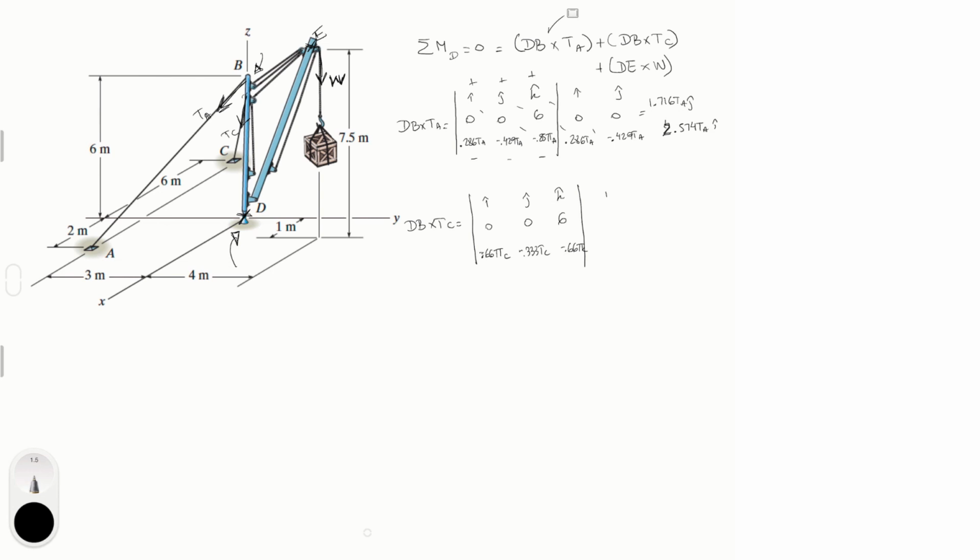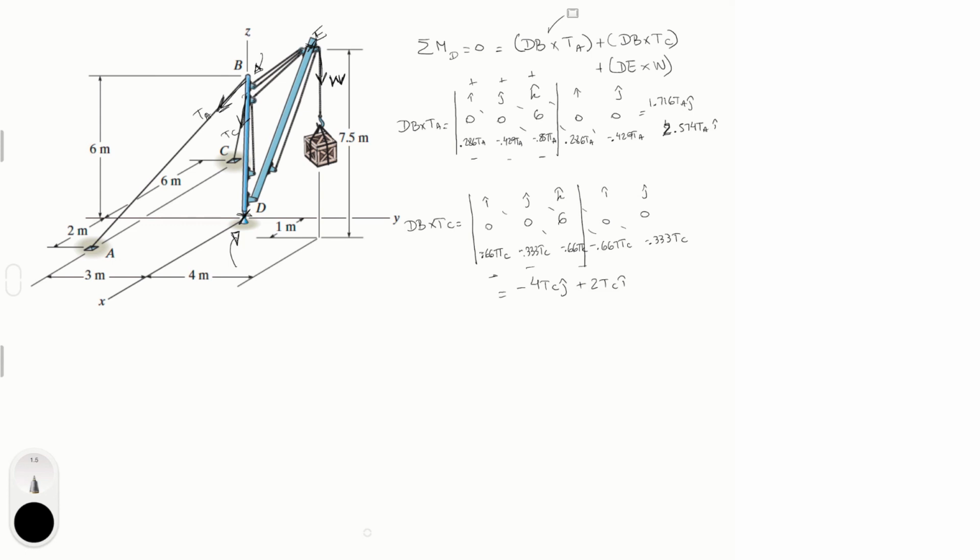Repeat the first and second columns: 0, 0, minus 0.667 dC, minus 0.333 dC. Positive diagonals: the first one is 0, the second one is minus 4 dC in the J, the third one is 0. Negative diagonals: the first is 0, the second is plus 2 dC in the I, and the last one is 0.